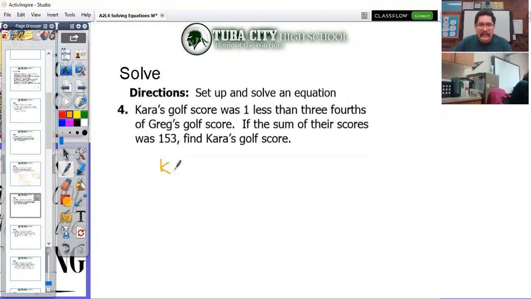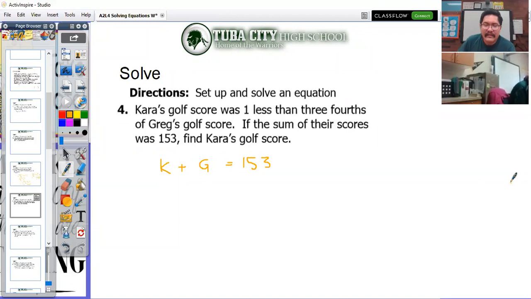So Kara plus Greg, and I'm just going to use the letters of their names. And we know that if we add them together, we get 153. Now again, this part here was a little bit of a trick because I had to really look at this and think to myself, Kara's golf score was 1 less than 3/4 of Greg's score. So this means that we are comparing Kara to Greg.